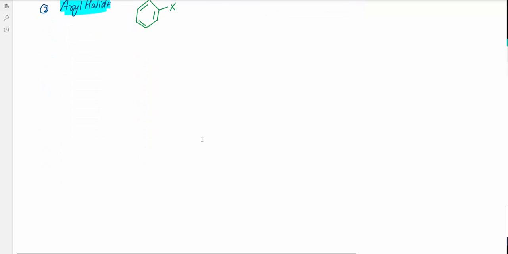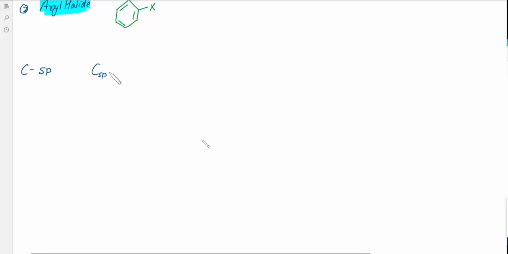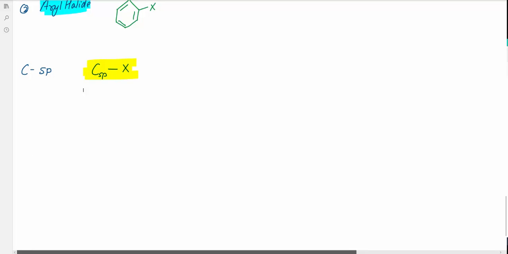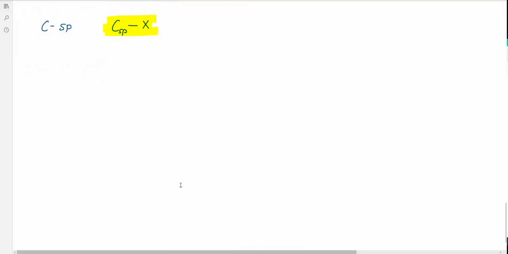Now let's move to where the carbon to which the halogen is attached is sp hybrid. So there is a carbon having sp hybridization connected to a halogen. So this is our next or the last category based on hybridization. Now this is a simple category having, say for example, C triple bond C and halogen attached to one.